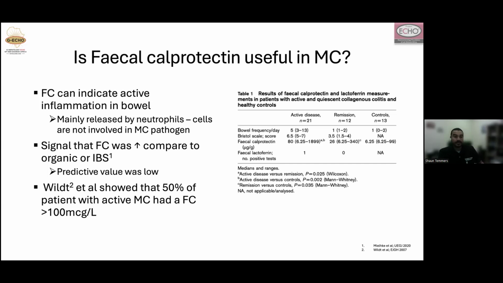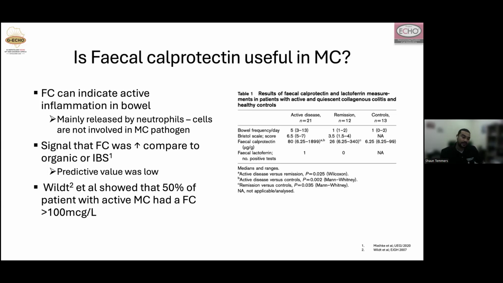If you look at the study by Wood and his colleagues, which is illustrated with the data in the table to the right of the screen, they looked at the calprotectin in these patients that were diagnosed with microscopic colitis. And 50% of the patients that were included in that small cohort of studies had a calprotectin of more than 100 micrograms per liter.